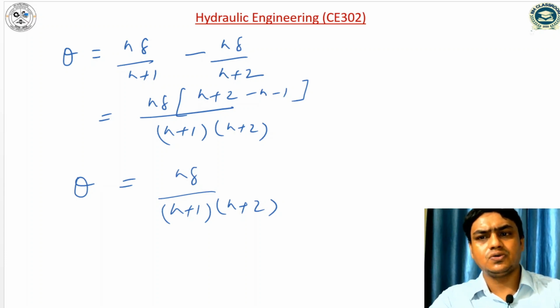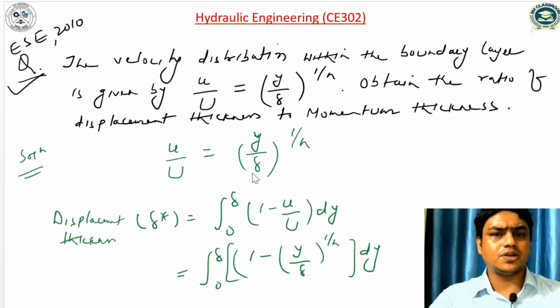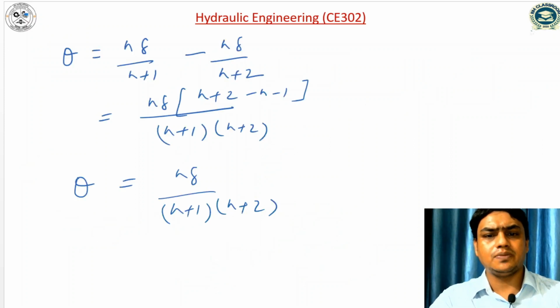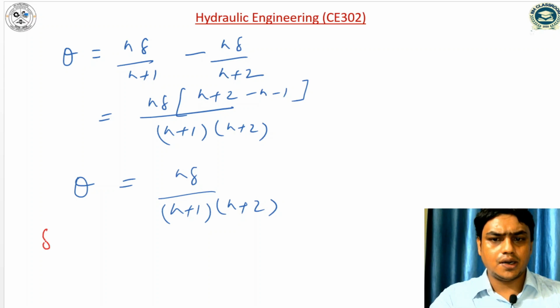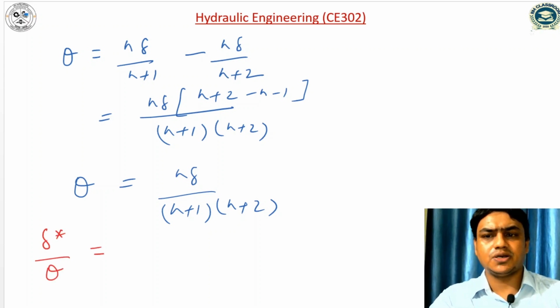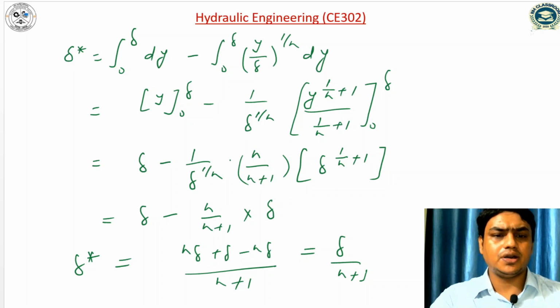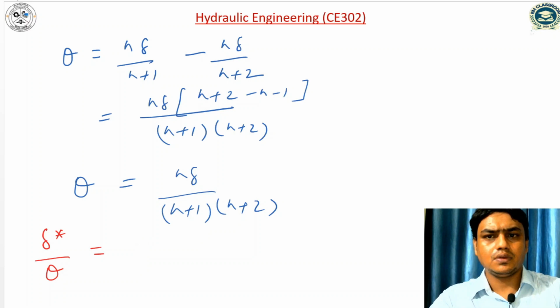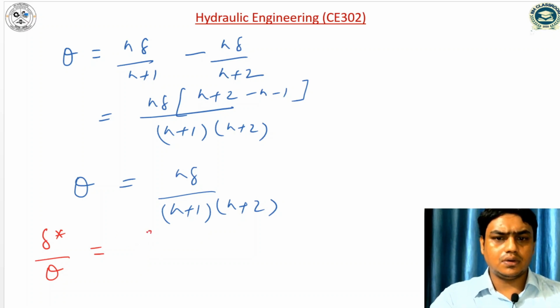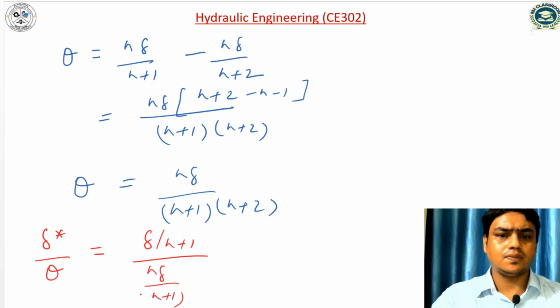So we have to compute the ratio of displacement thickness to momentum thickness. So we can write delta star divided by theta. Displacement thickness is how much? Delta by n plus 1. So we can write delta by n plus 1 divided by n delta by n plus 1 into n plus 2.